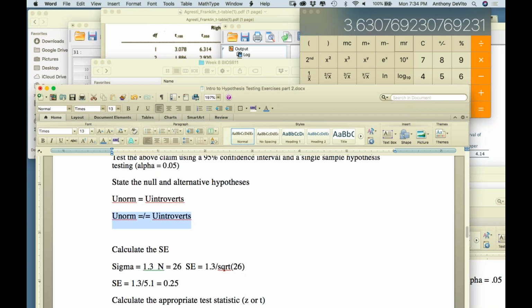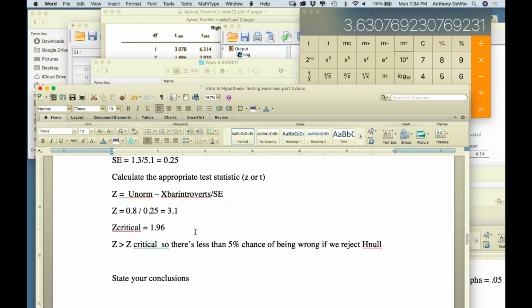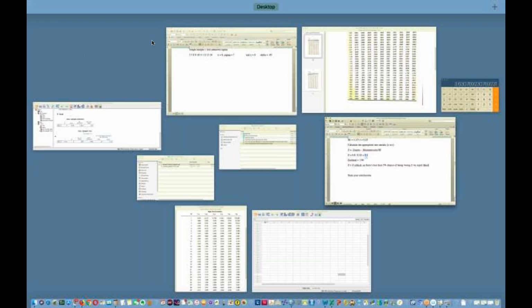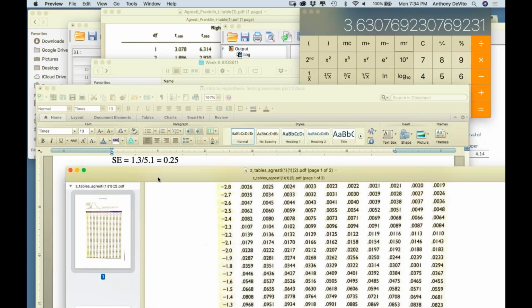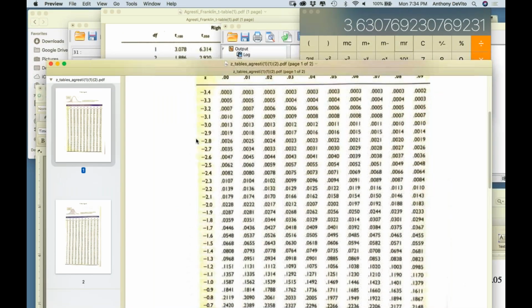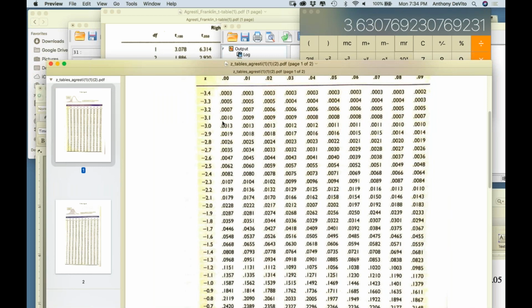Okay, I can actually go to the Z table and see how likely it is that I would get a value that extreme, 3.1 standard deviations apart. How likely would that be if I go to the Z table? I'm going to use -3 because it's going to be the same. Again, it's 0.1%, right?